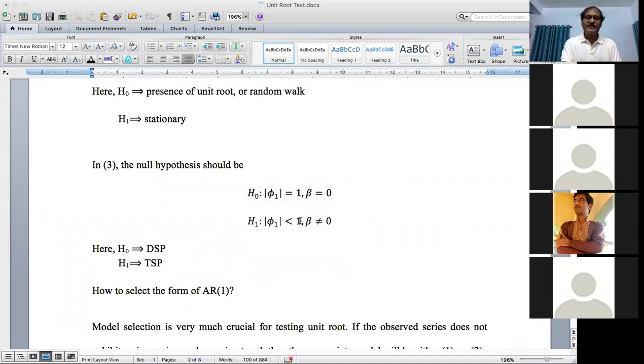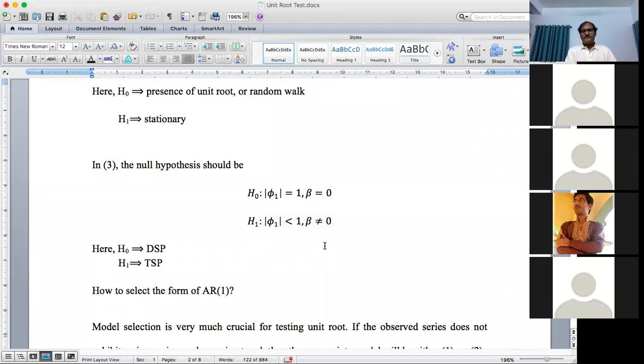In the alternative hypothesis, we have considered no unit root, but with deterministic trend. So if H0 is not rejected, it indicates the series YT will follow DSP. But if H0 is rejected, that means H1 is accepted, then your series will be TSP, trend stationary process.